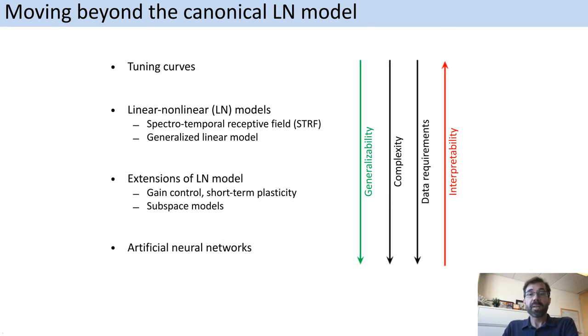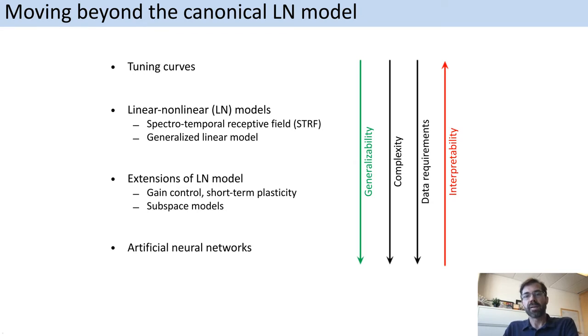Just to emphasize the differences between these different approaches to modeling, you can think of the LN model as being at or near one end of the encoding model spectrum, where they're relatively simple. While they don't generalize to a large number of stimuli very effectively, they are relatively easy to interpret. These more complex models that have been developed are generally able to predict activity in a wider range of circumstances, but they're also more complex to fit, and they require more data for fitting.